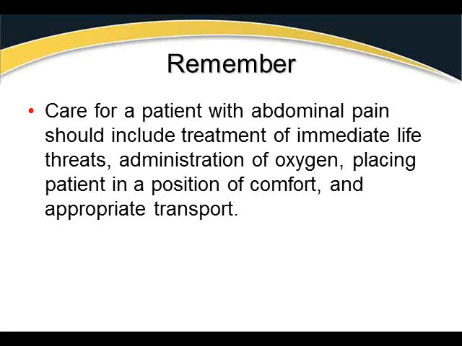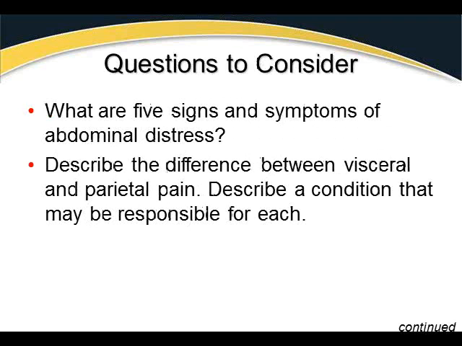Now, this short little chapter that we just covered here can in no way possibly cover everything that there is to know about abdominal problems. We haven't barely scratched the surface when we're talking about things like diverticulitis, Crohn's disease, irritable bowel syndrome, and so on and so forth. There are so many potentials.